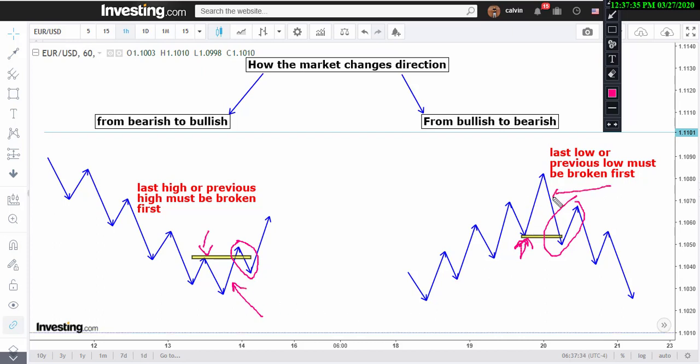Even this one is aggressive, and this one you will see is very slow, something like a consolidation or a correction.